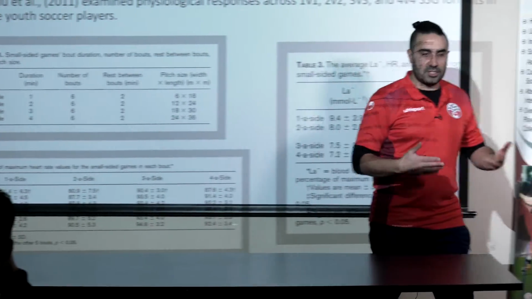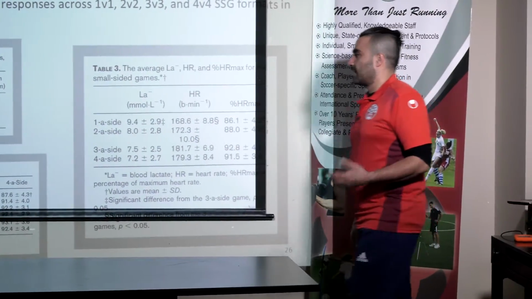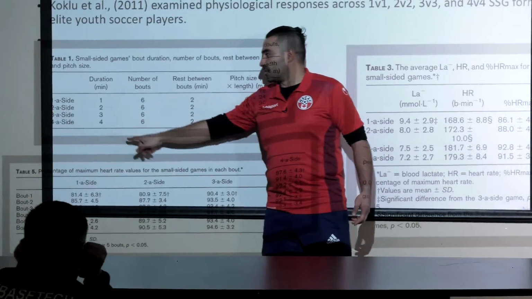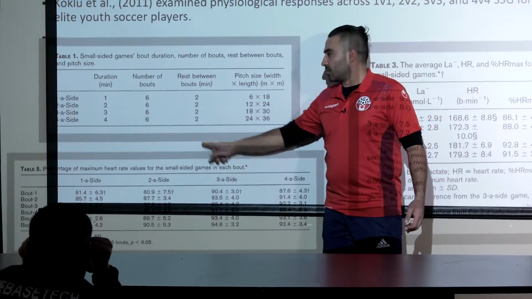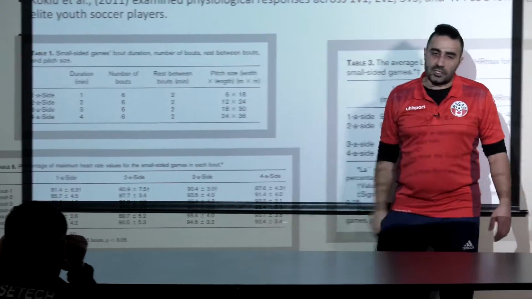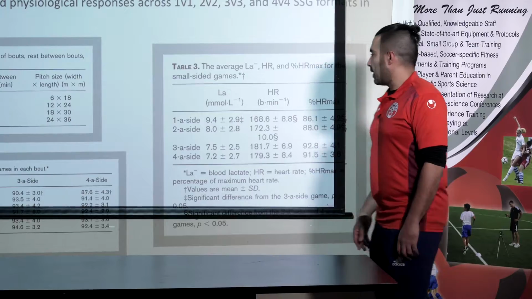So you see essentially there are different physiological effects to those formats. And so the duration of each match was there, the number of bouts was 6, the rest between the bouts was constant, and the pitch sizes essentially are noted there and varied between the games.